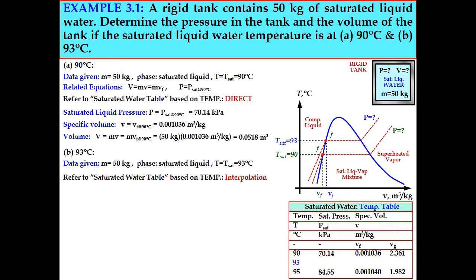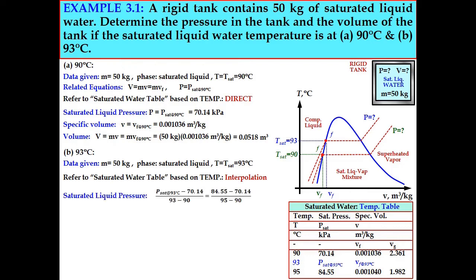Okay, so based on the table, 93 degrees Celsius is in between 90 to 95 degrees Celsius. And now we can determine the pressure P saturated at 93 degrees Celsius by using interpolation, similar to vf at 93 degrees Celsius.